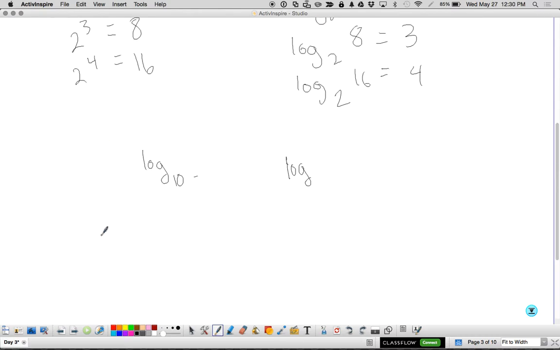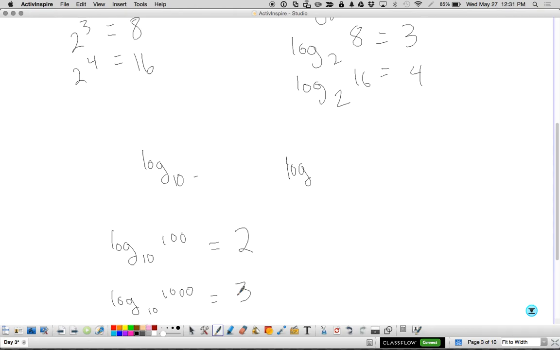Log base 10 of 100 is going to be what? Well, it's going to be 2. Okay, so 10 times 10 is 100, so 10 squared is 100. Log base 10 of 1,000 is 3. So you could see that using this log base 10 scale, instead of going up from 100 to 1,000 in a graph, I could just go up 2 to 3 in a graph, which would make my numbers much more reasonable.